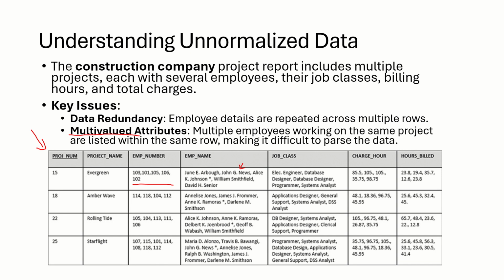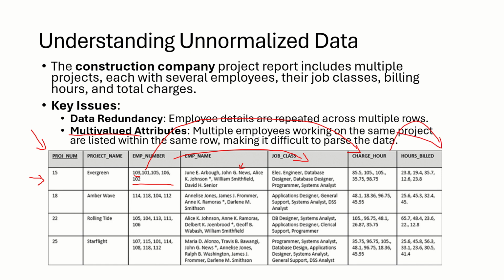So when you look at this data, sometimes it's not easy to look up. For example, if you're trying to find one of the employees, 103, you don't know who is 103, you don't know what 103's job class is, you don't know 103's charge hour and hours billed, right?